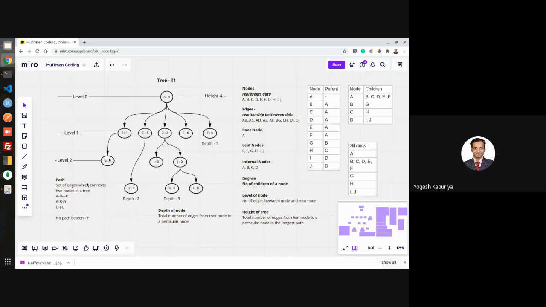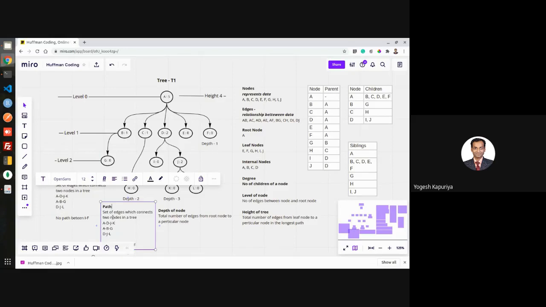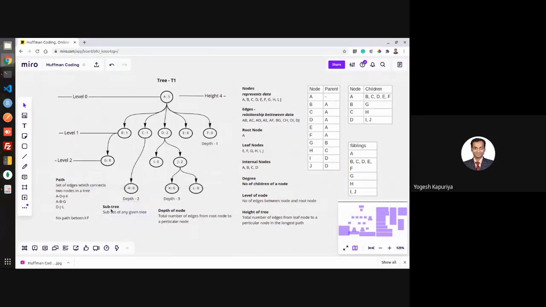And finally, there is something called a subtree. It is actually a subset of any tree, right?